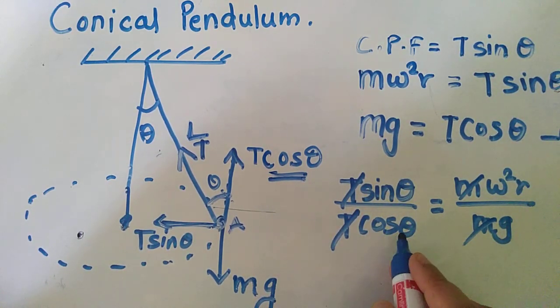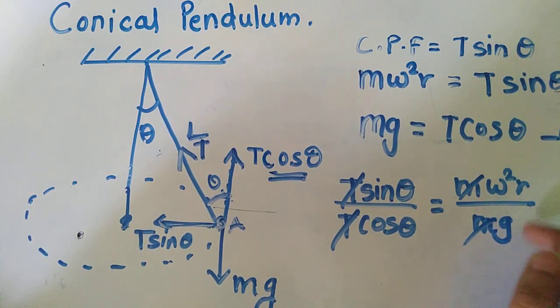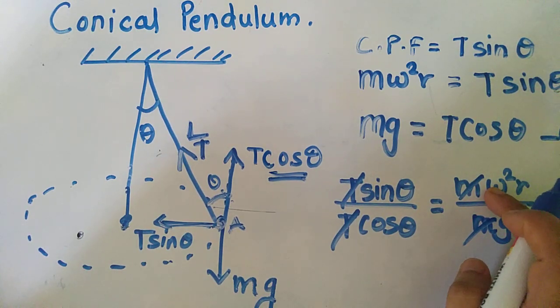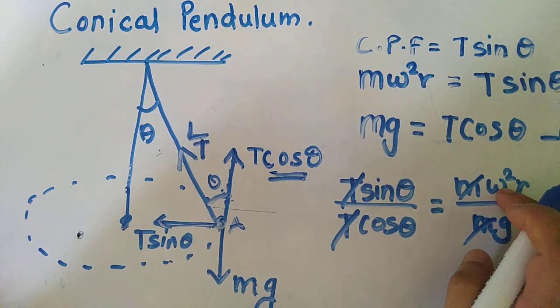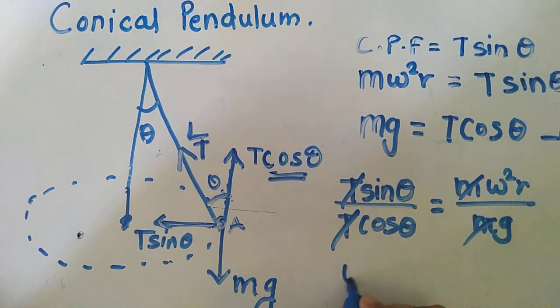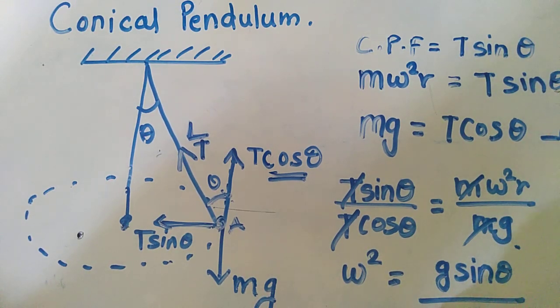So sin theta upon cos theta we keep as it is, equal to omega square r upon g. We have to find the frequency. We know that omega is equal to 2 pi f. So taking omega square as the subject, it becomes g sin theta divided by r cos theta.